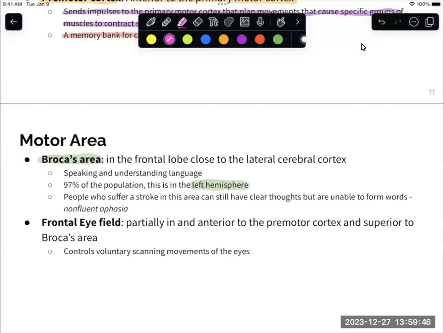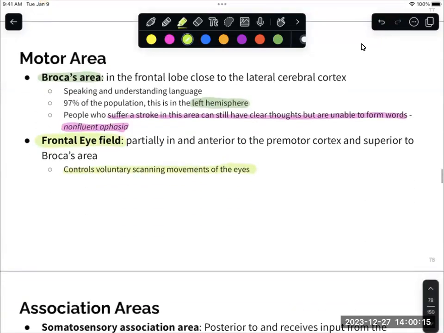If somebody suffers a stroke in this area that contains Broca's, they're not able to form words. This is known as non-fluent aphasia. And then we have our frontal eye field. This frontal eye field controls scanning movements of the eyes. So it allows your eyes to kind of scan what's going on around you.